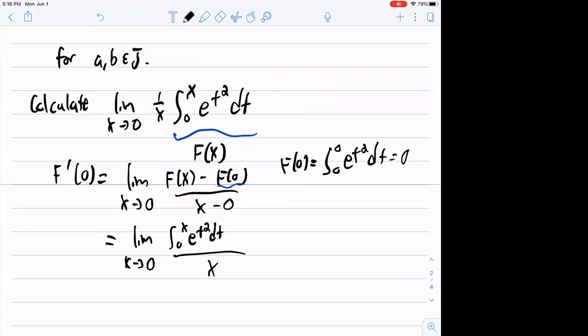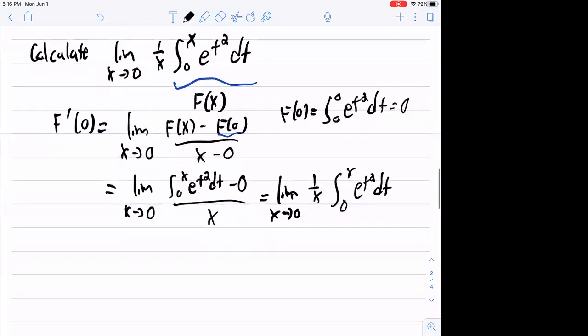The area of a rectangle is length times width, so if you have no width, it should be 0. So you see, it's exactly just the thing the question's asking. So all it's asking for is F prime at 0.